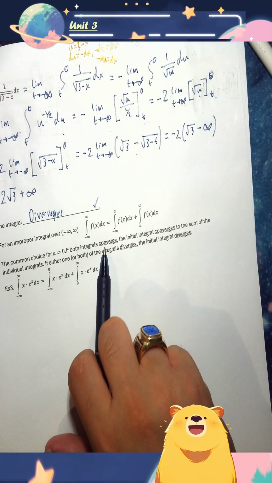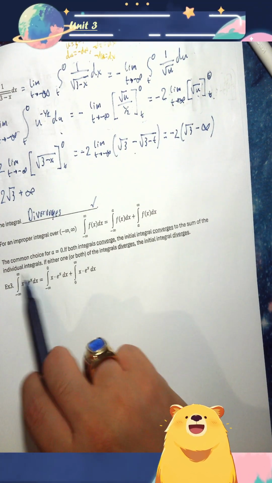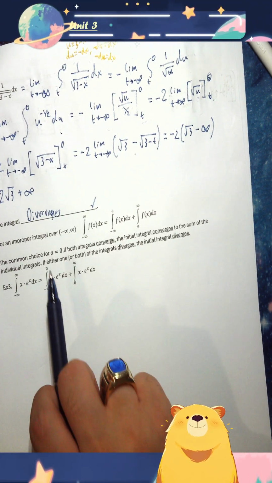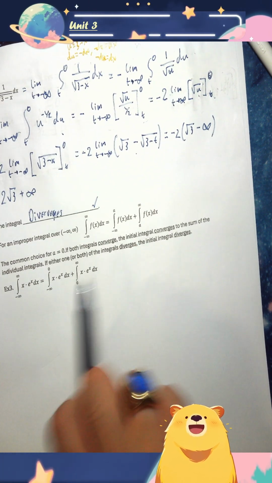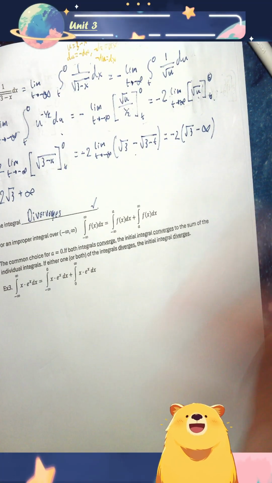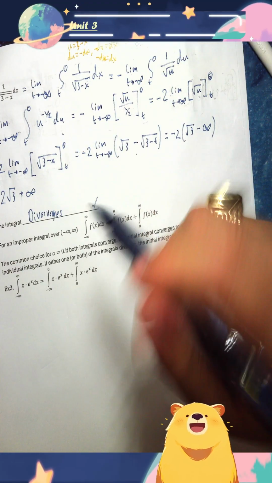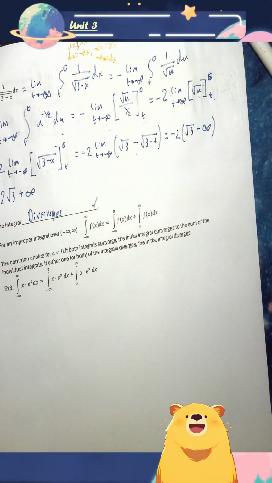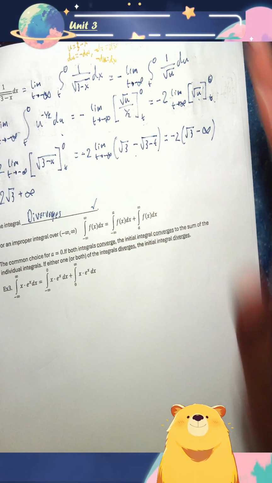If both integrals converge, the initial integral converges to the sum of those individual integrals, meaning that if this guy is good and this guy is good, those limits exist, then that whole thing has a bona fide answer. However, if one or both of these integrals diverges, then the whole thing is divergent, and that limit does not exist for the whole thing.